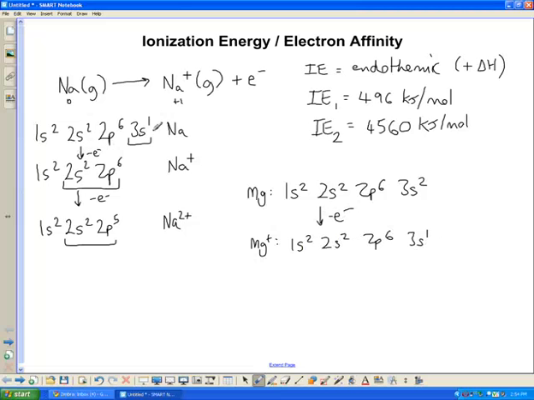Simply because losing this one electron is highly likely, because you go down to the next full orbital. Here you don't. Now going from here down to this, I hope you can see, is actually much more likely for magnesium. There is a reason why magnesium forms Mg2+ and does not form Mg+.